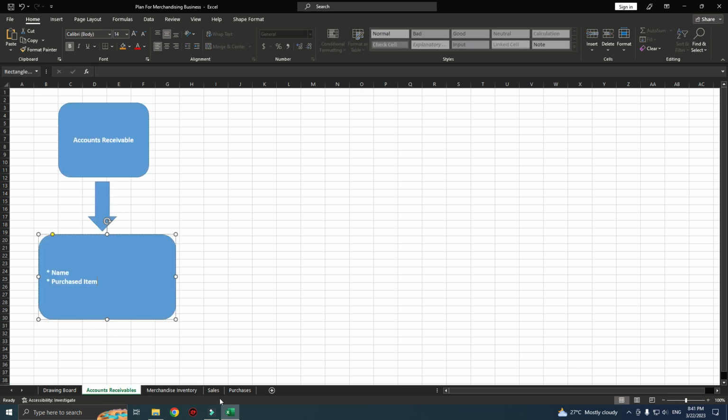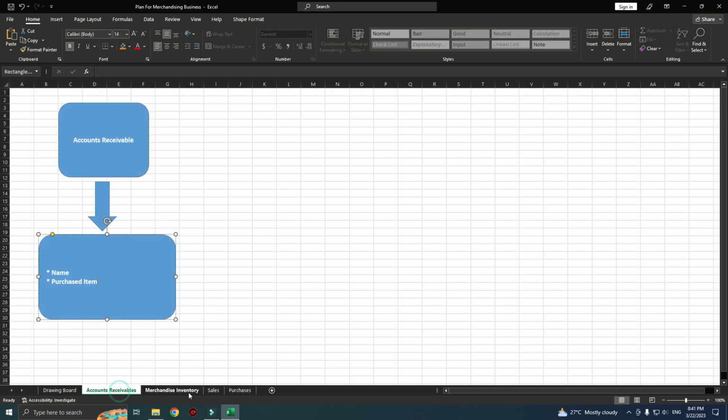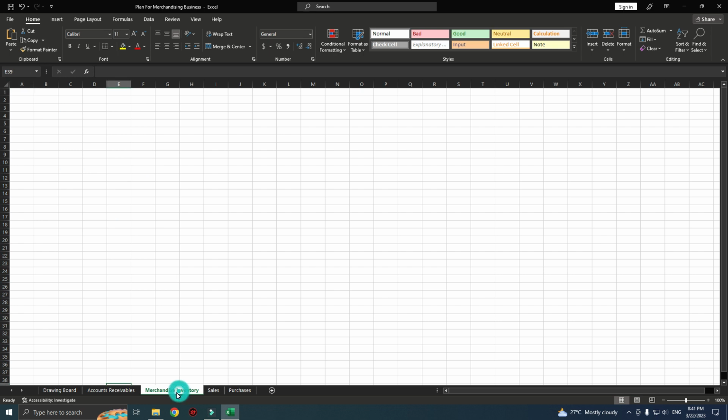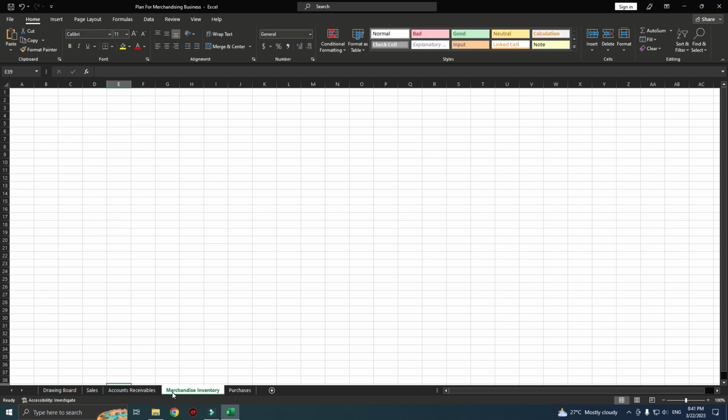Okay, so everything that we receive from purchases will be added to the merchandise inventory, and everything that we sell, in cash or maybe in accounts receivable, will be deducted from the merchandise inventory.